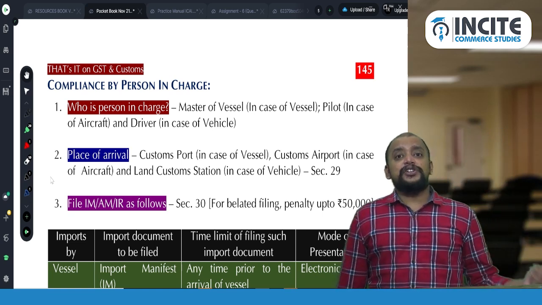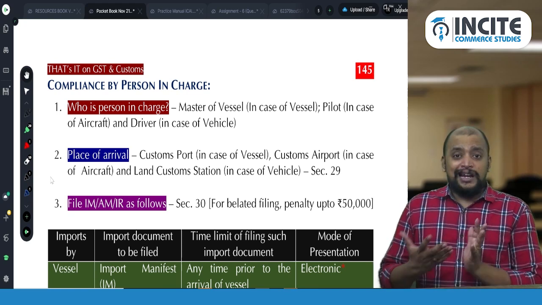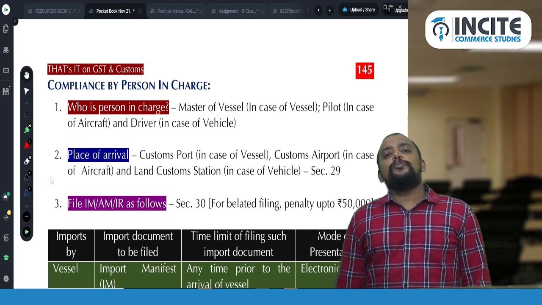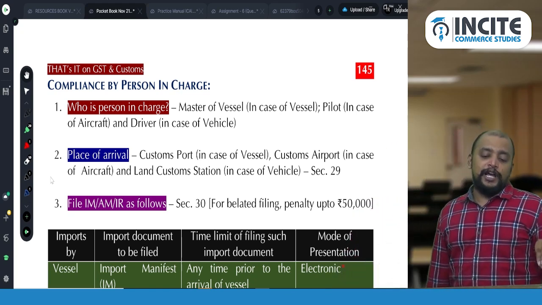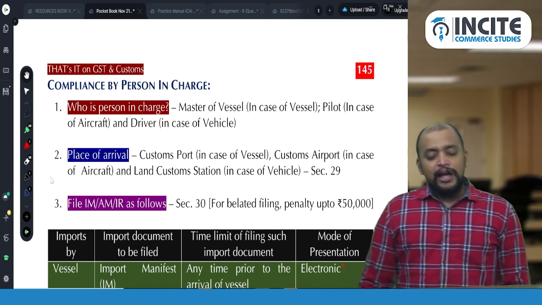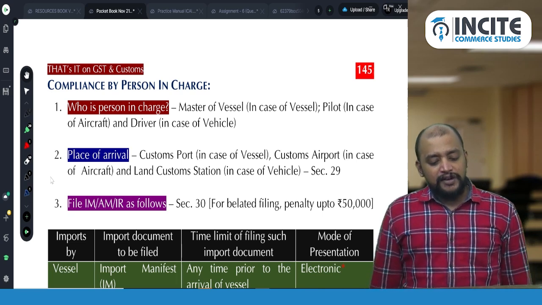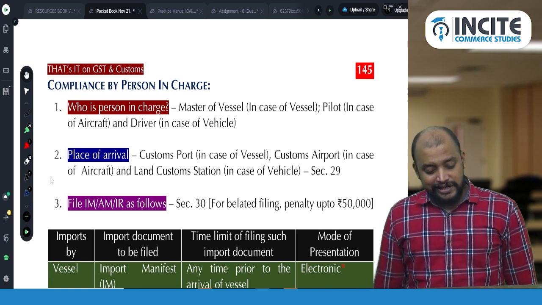As per section 29, the vessel or the aircraft should come only to a customs port or airport. Not all ports and airports are treated as customs ports, so only to the prescribed port or airport they need to come. In case of vessel, port. In case of aircraft, customs airport. In case of vehicle, land customs station.